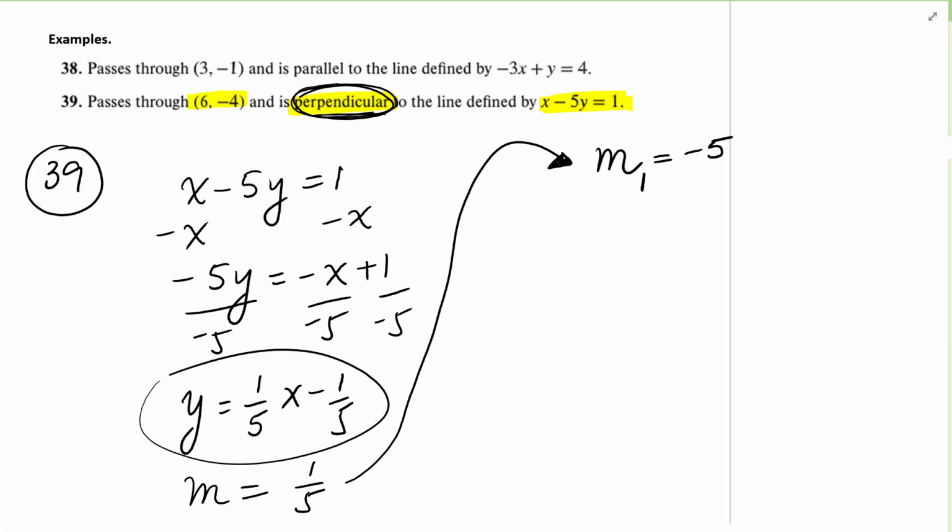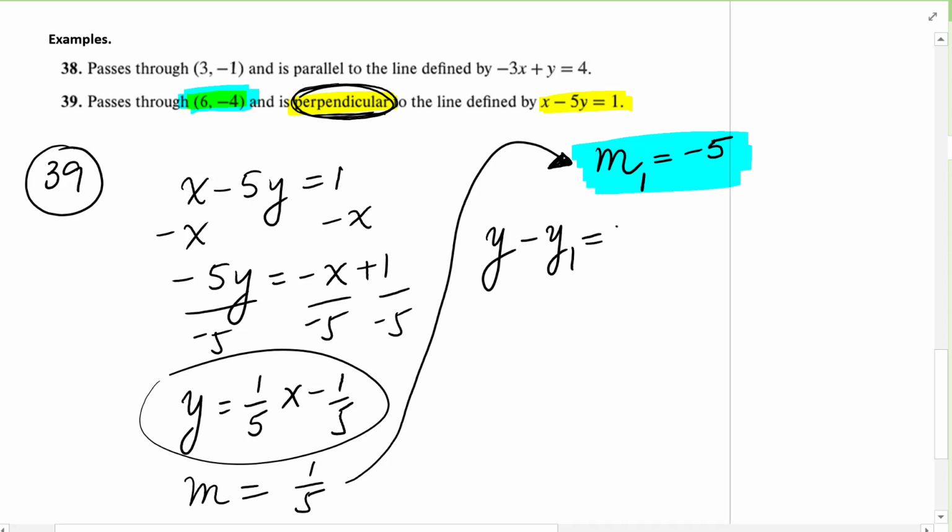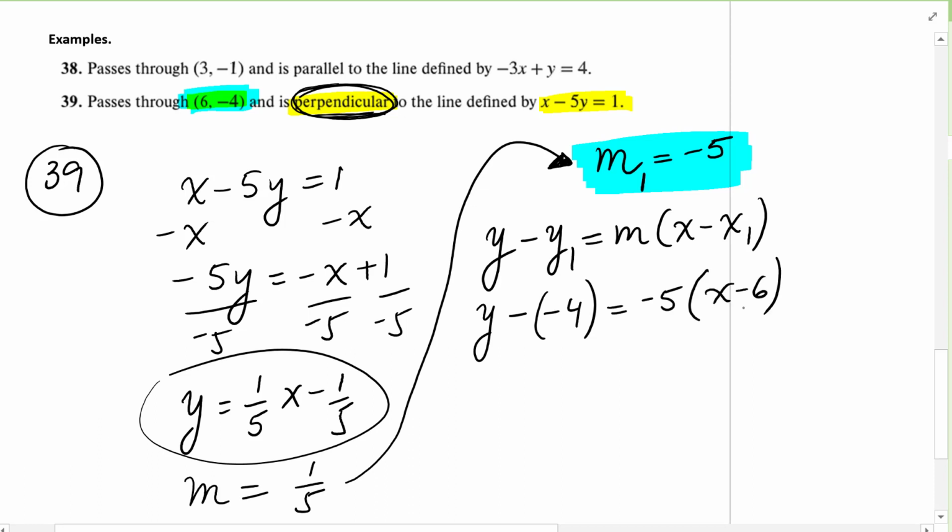So now, knowing that the slope of the new line is -5 and that it's passing through the point 6, -4, I'm going to use the equation of a line passing through a point with a given slope: y minus y1 equals m times x minus x1. So we get y minus -4 equals -5 times x minus 6.